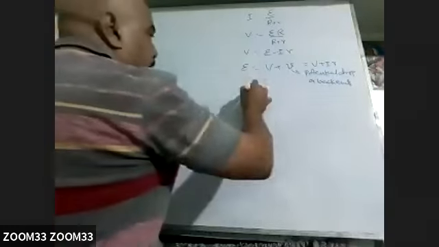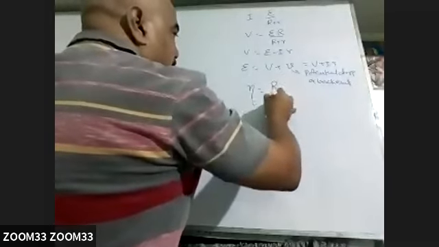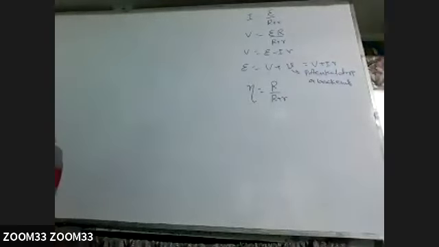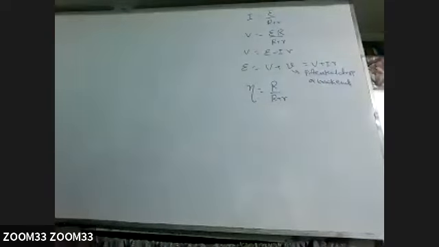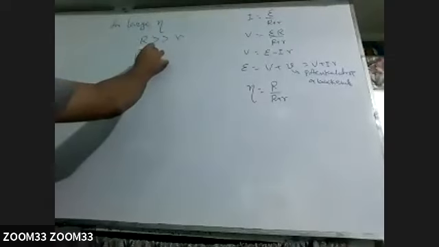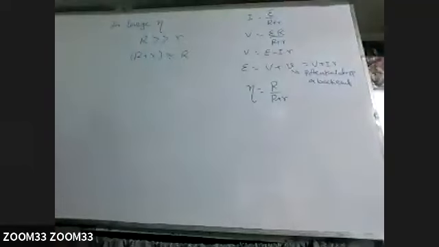Efficiency was R by (R plus r). So till here we have done till efficiency. From this expression it is very clear that efficiency will be large, nearly 100%, when this R must be much more than r, the internal resistance.